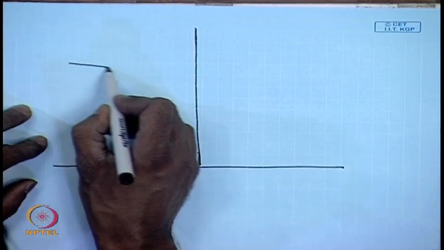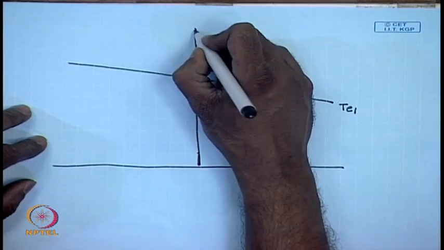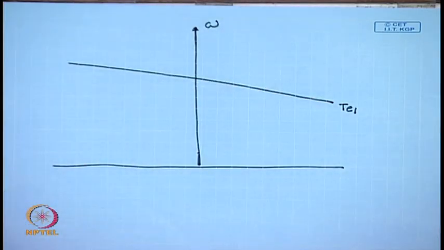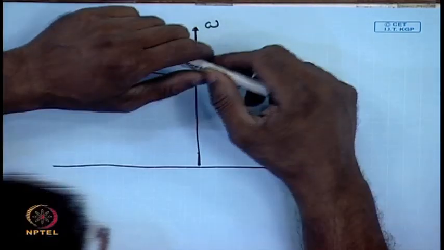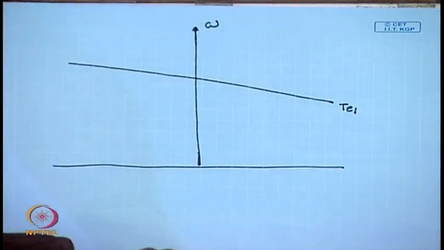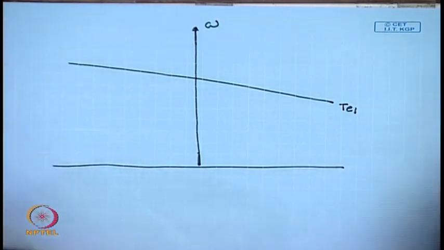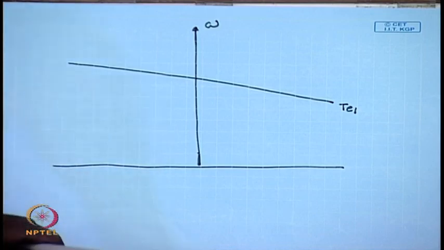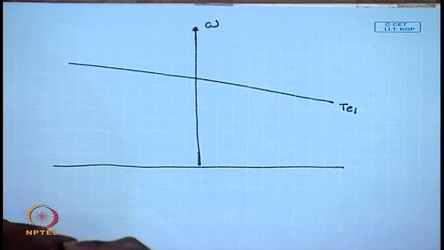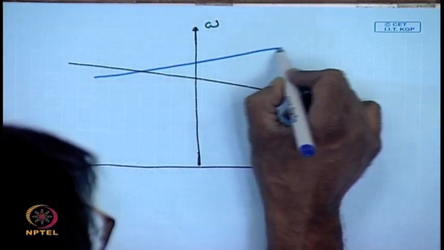so this is T_E1, then I plot minus T_E2, it will be something like this.